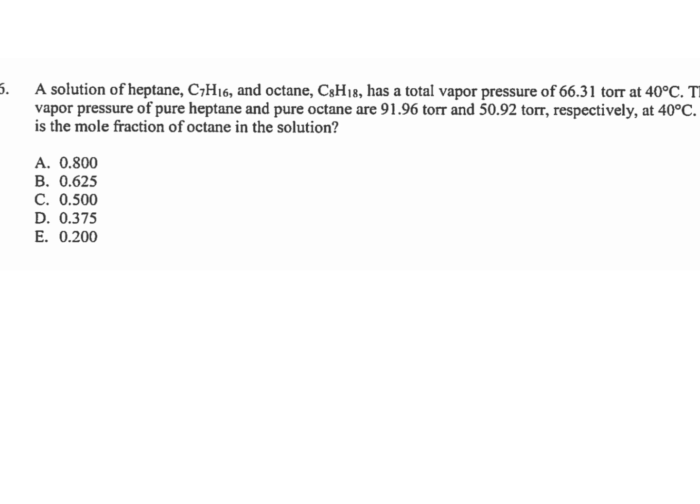If you didn't know that heptane and octane were both volatile, totally understandable, but you can get that from the problem because they both have a vapor pressure. If you have a non-volatile solute, you're not going to be given a vapor pressure for that solute.